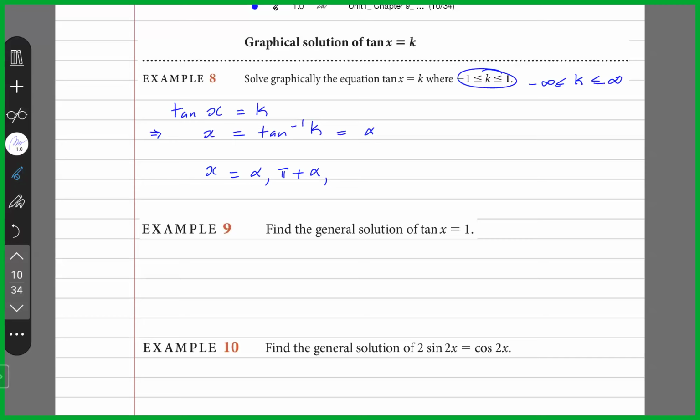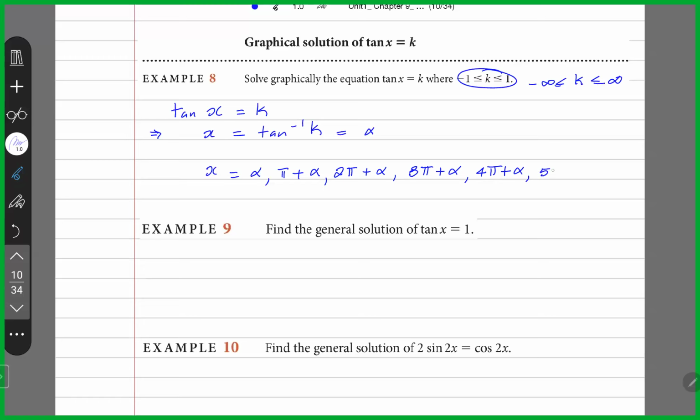Now, in the second 360 degrees, my next answer is going to be 2 pi plus alpha, which is 360 degrees plus alpha. And the next answer after that is going to be 3 pi plus alpha, then 4 pi plus alpha. This is again the first quadrant.